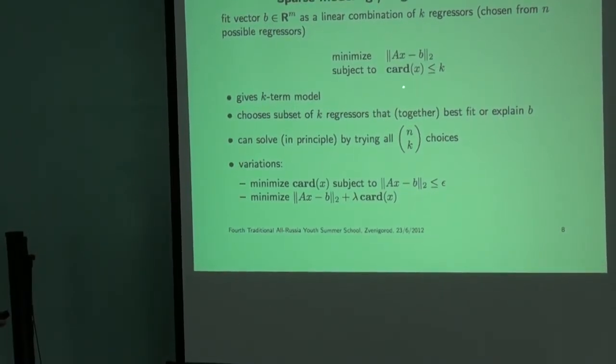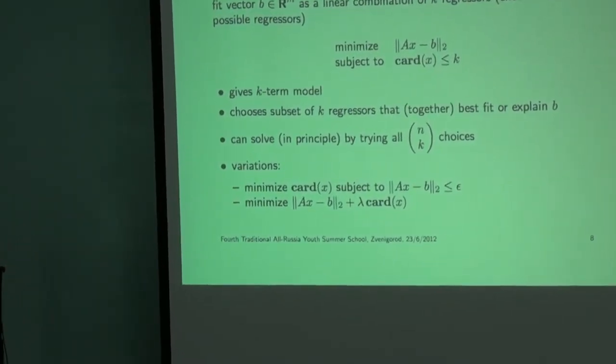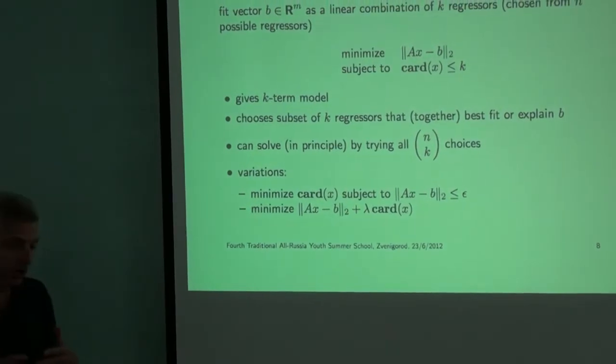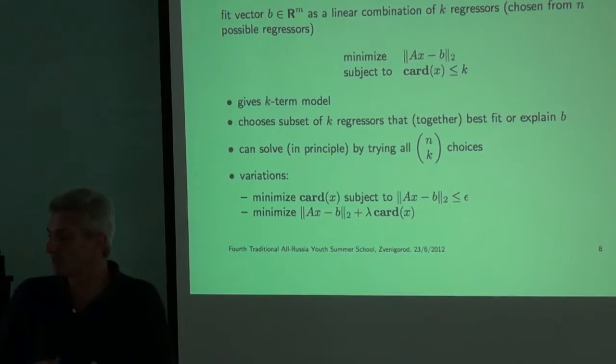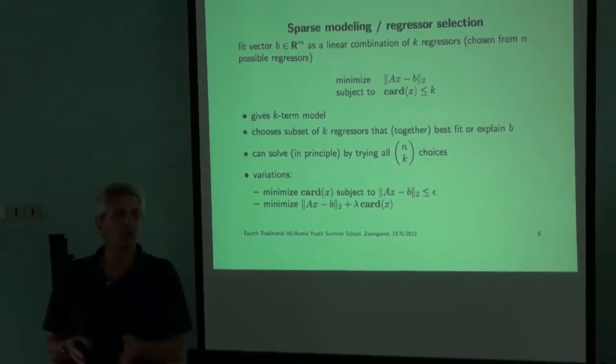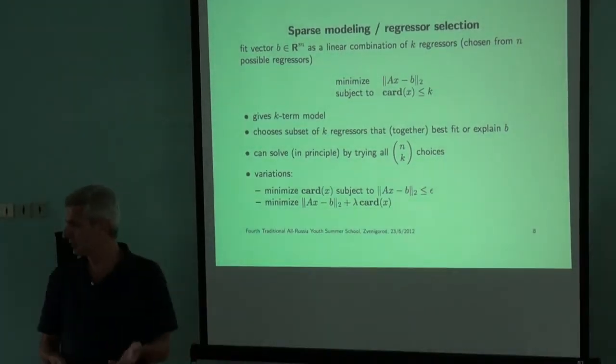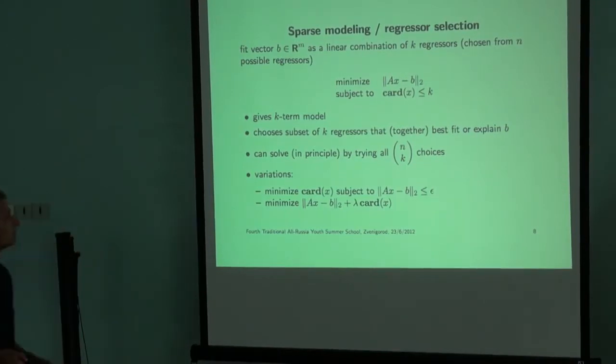But here you say I want the cardinality to be less than K. Okay? That says I give you a whole bunch of columns or regressors, and I say, please fit B, but don't use more than K of these, right? Of course, you can solve this by trying all n choose K choices. Now, if K is small enough and n is small enough, if this doesn't bother you, go ahead.